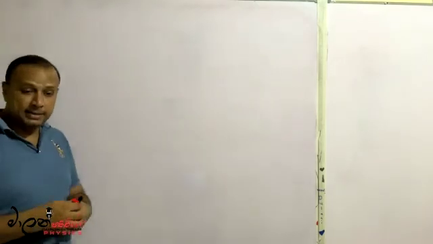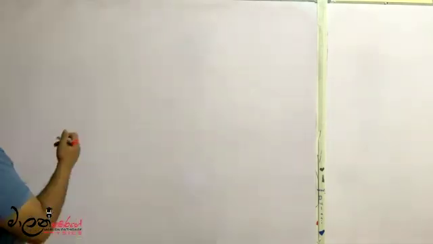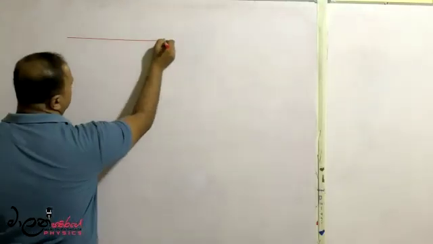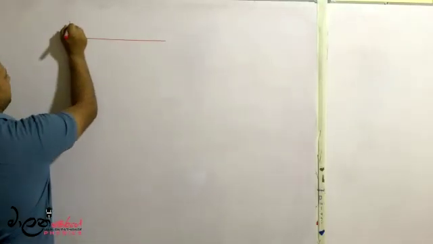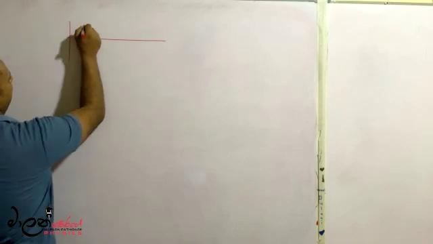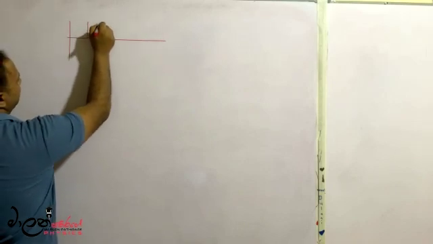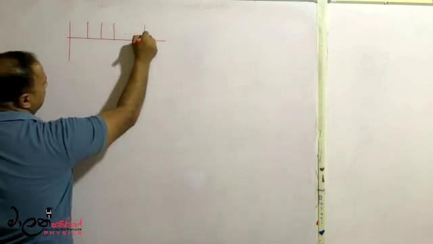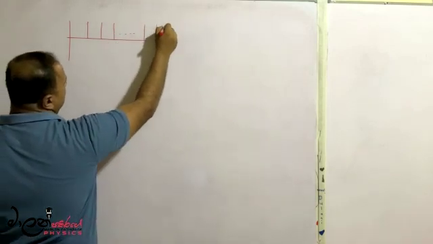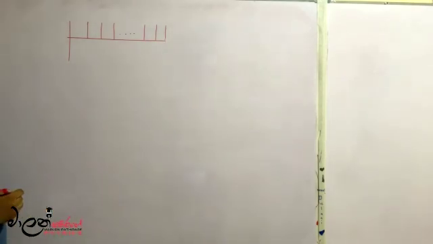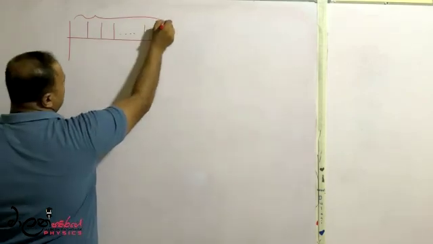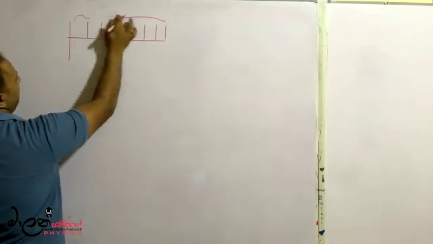Suppose now there is a main scale. Suppose this main scale has capital N divisions.